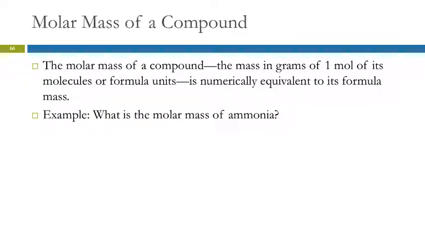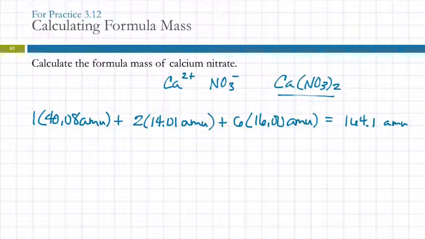We've talked about molar masses of elements. We also have molar masses of compounds. It's the mass of 1 mole of a compound. The mass in grams of 1 mole of its molecules or formula units is the same number as the formula mass. So when we did this problem and we found the formula mass of calcium nitrate, 164.1 atomic mass units is how much one formula unit weighs.